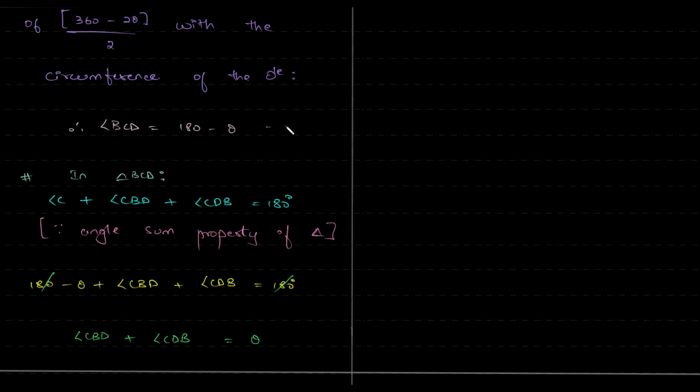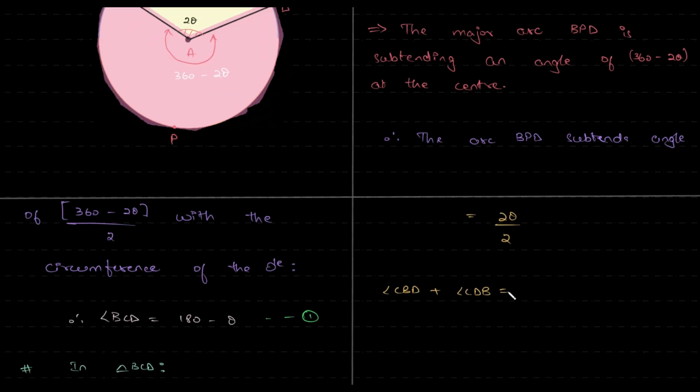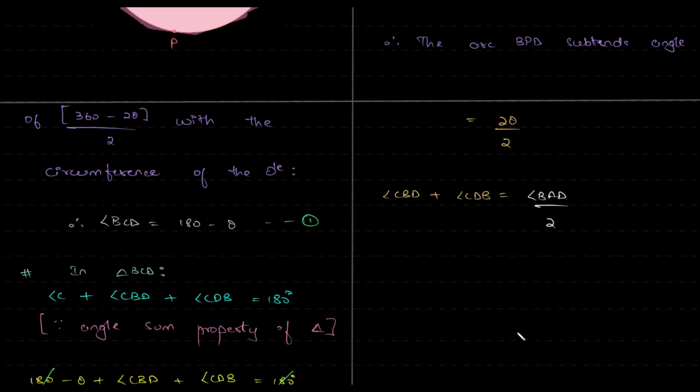Okay, this is by substituting from 1. Now, but theta is what? Theta can be written as 2 theta by 2. But 2 theta is what? 2 theta is nothing but that angle which we wanted, is it not? 2 theta is angle BAD, so angle BAD by 2. And we have the proof. That's it.